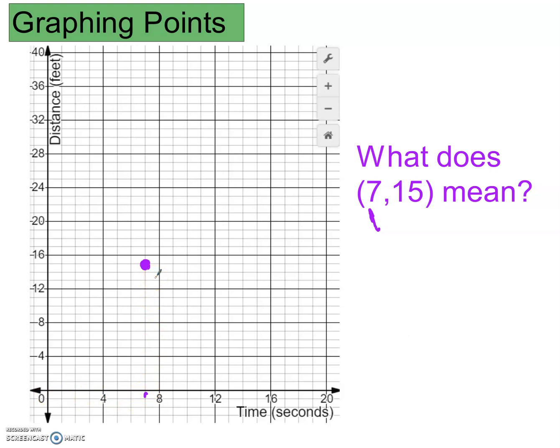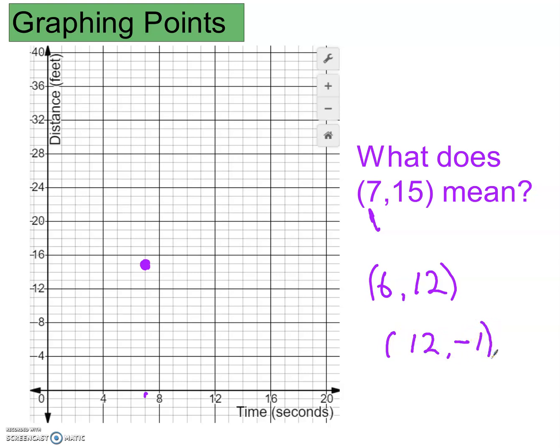Okay, so what if I had the point (6, 12)? After 6 seconds, they've gone 12 feet. Now, this wouldn't make much sense for a tricycle race, but what if we had the point (12, -1)?